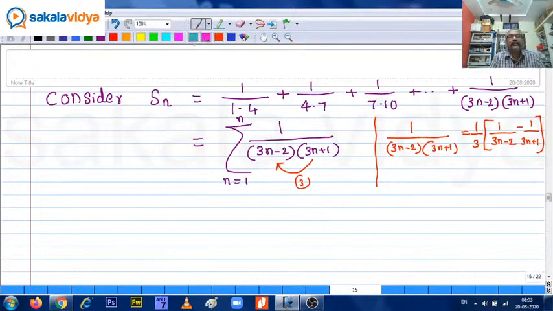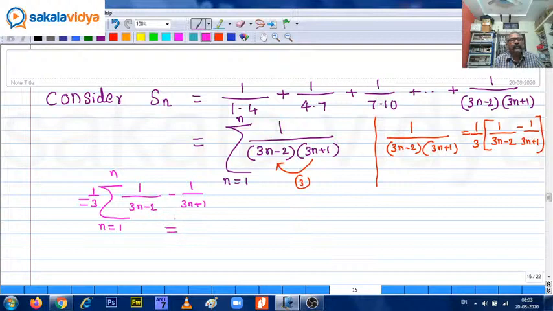So that's why now this can be written sigma n is equal to 1 to n, 1 by 3 common out, 1 upon 3n minus 2 minus 1 by 3n plus 1.